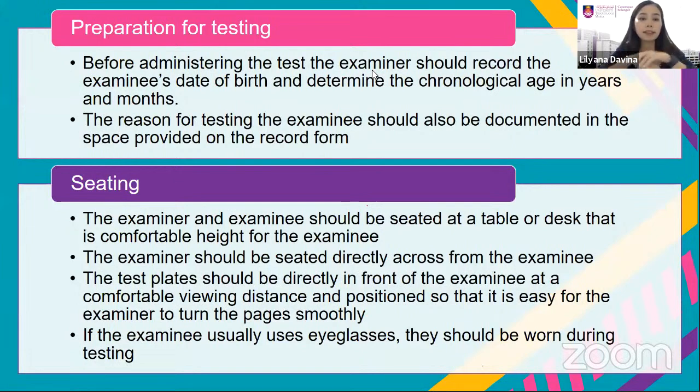Preparation for testing. Okay, before you administer the test, please record the child's date of birth, and then you need to calculate their chronological age in years and months. Then, don't forget to write the reason for testing the child in the space provided on the record form. Okay, how about sitting position for this assessment?